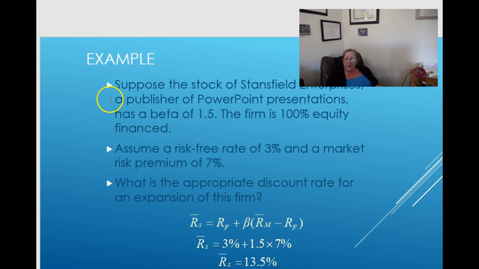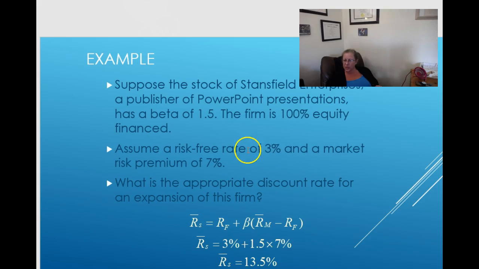So let's look at an example. Suppose the stock of Stansfield Enterprises, a publisher of PowerPoint presentations, has a beta of 1.5 and the firm is 100% equity financed. Assume a risk-free rate of 3% and a market risk premium of 7%.